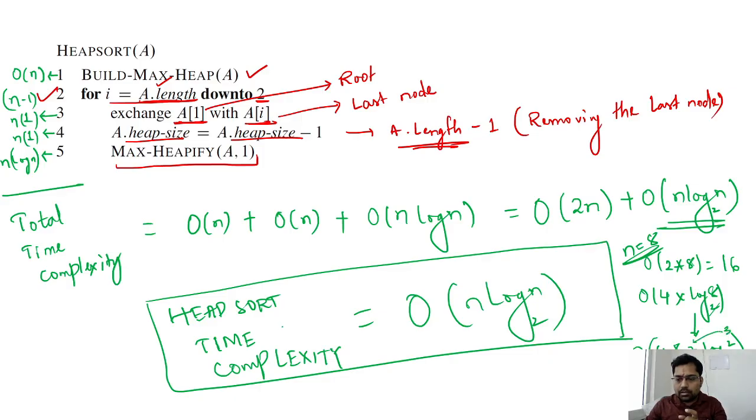So the 3 comes in front, and log 2 base 2 is 1. So 8 into 3 is 24, big O of 24, while 2n is 16. So we know 24 is greater than 16, yes or no? That is why we write n log n as the maximum time complexity.